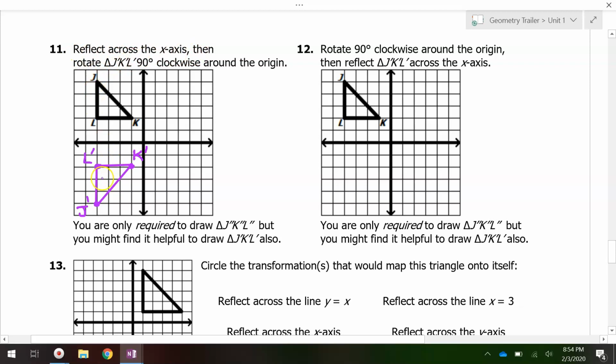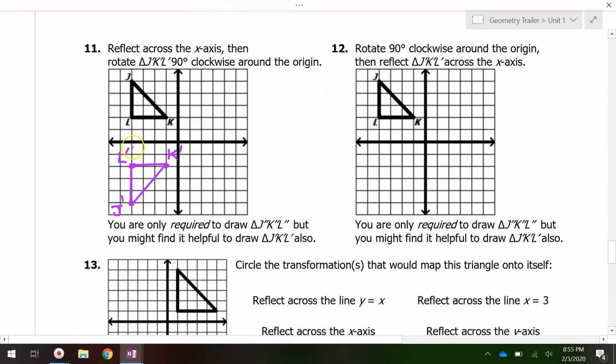Now I'm supposed to take this. I'm not going to go back to the original triangle. I'm supposed to rotate J prime, K prime, and L prime 90 degrees clockwise around the origin. So that's what I'm going to do right now. I think it will help to have the coordinates written down.